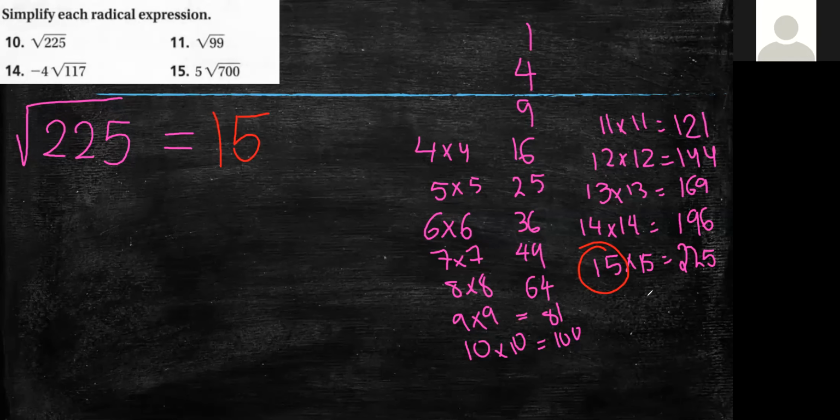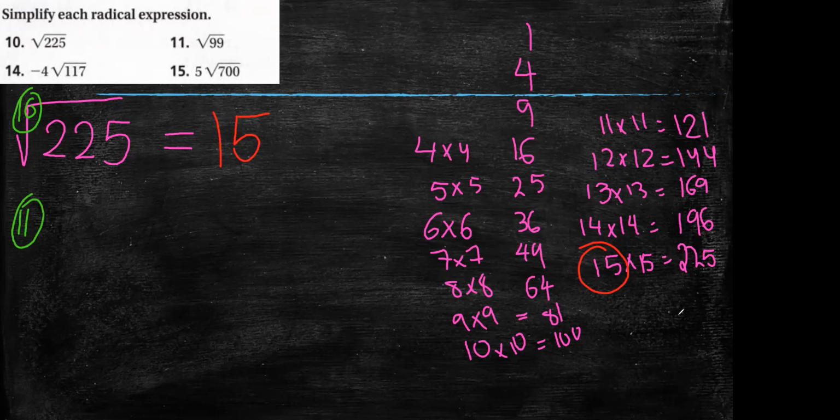Okay, let's go to number 11. Teacher, I had a question for the previous one, number 10. You made the square root of 5 and the square root of 2. Did you say it cannot be solved?